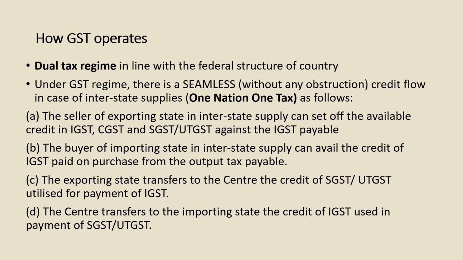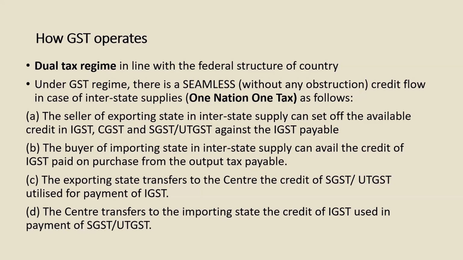Now, when the exporting state dealer, okay, is in interstate sale, is making that transaction, then it is required to pay the 10% on 20 rupees only and not on 120 rupees, because for the 10 rupees that he has paid for purchases, that he will get as credit, that will be set off from the available credit of IGST or that he will have against that payment.